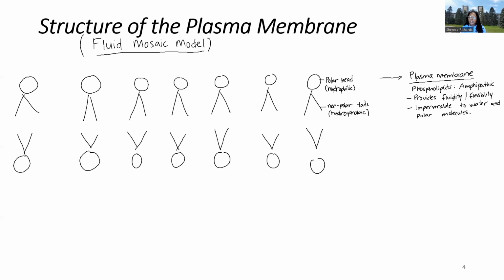Okay, and we sort of described this previously as well, that if something was polar, it cannot exist in this non-polar center. Hence, it cannot go through the membrane, right? So the only molecules that can actually get through the membrane, we'll describe this a little bit going forward, but these are going to be small particles, non-polar particles, and then uncharged particles as well. And again, we'll talk about that as we go forward.